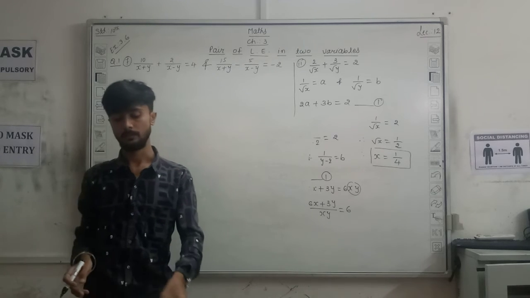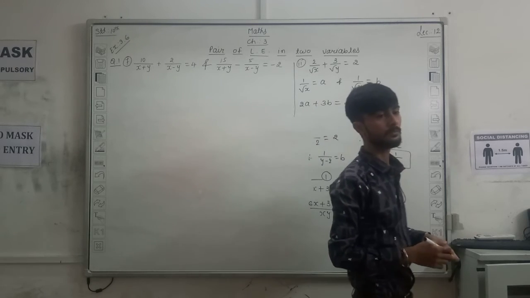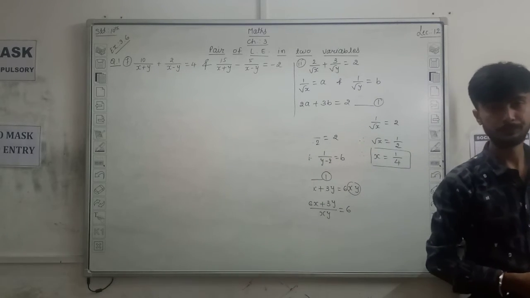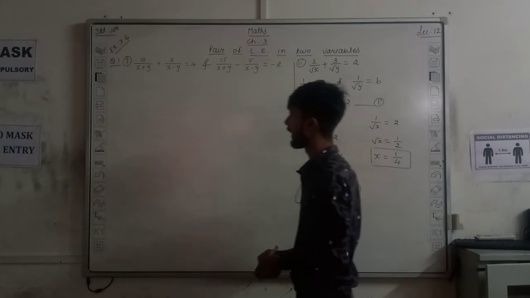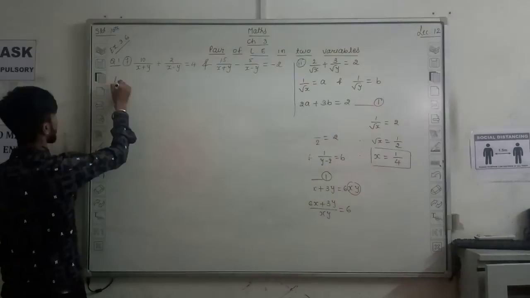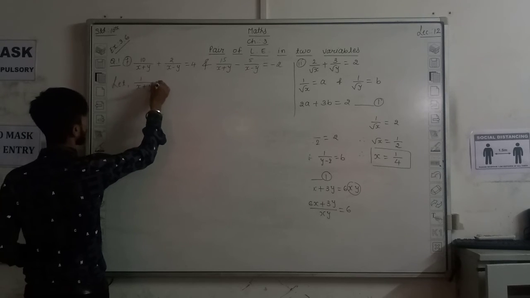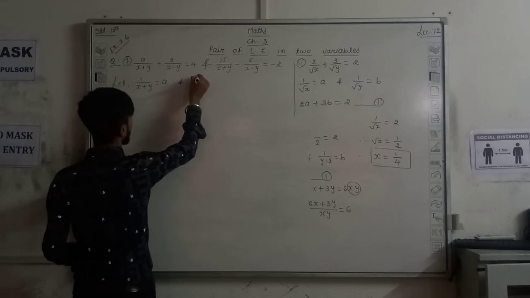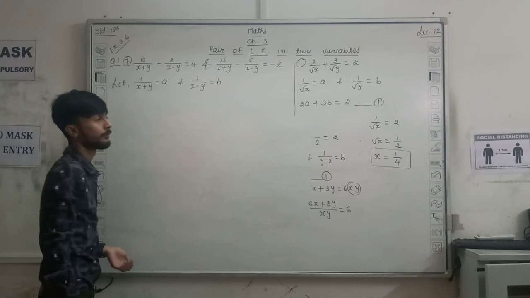Okay, now first write down the supposition. Suppose, what will we suppose first? Yes, so 1 upon x plus y is a. So let 1 upon x plus y equal a and 1 upon x minus y equal b, right?